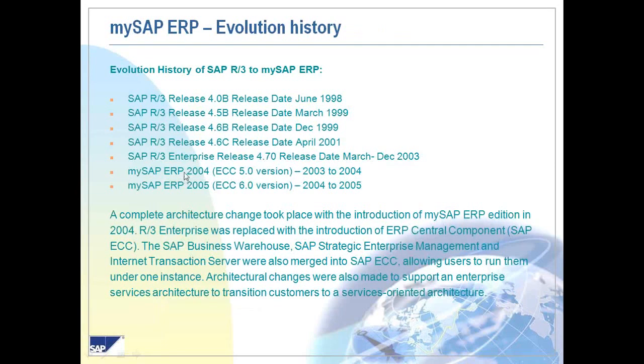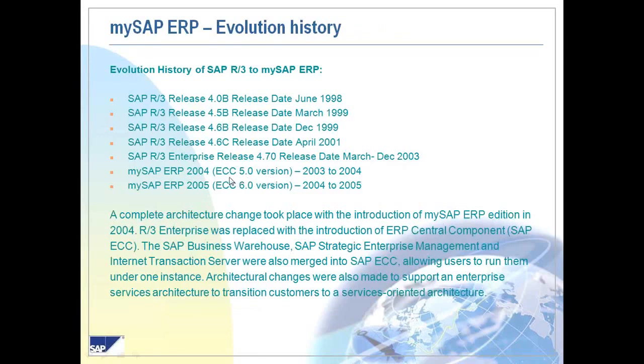There is the SAP R/3 Enterprise release, that is 4.70, release date 2003. After 4.7, there is mySAP ERP 2004, that is the ECC 5.0 version.